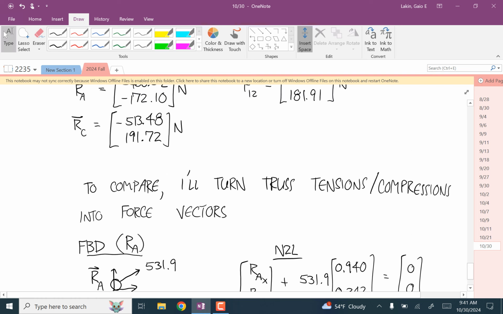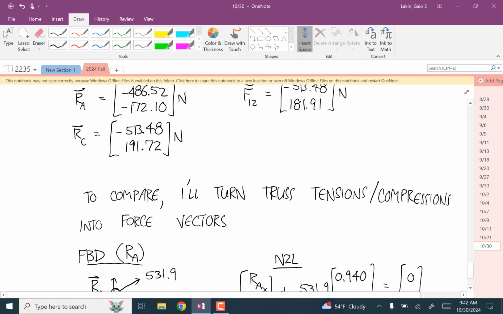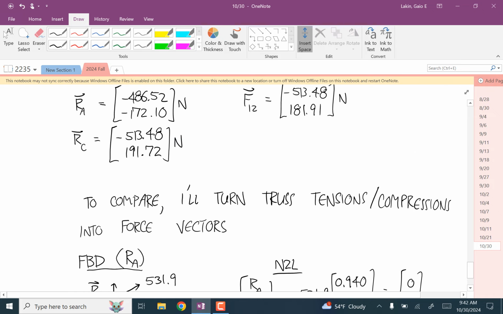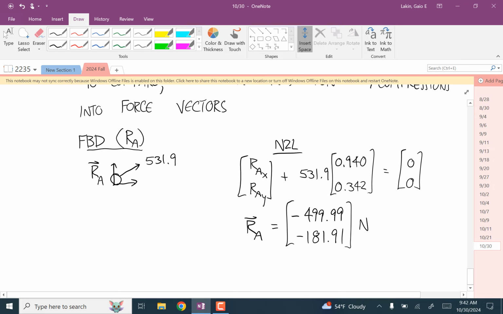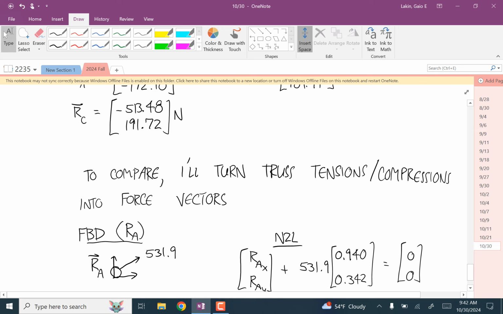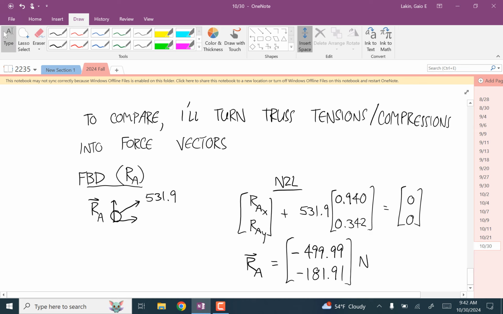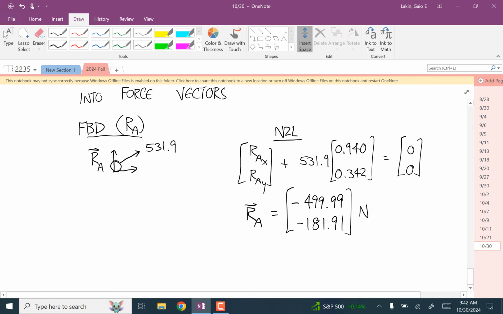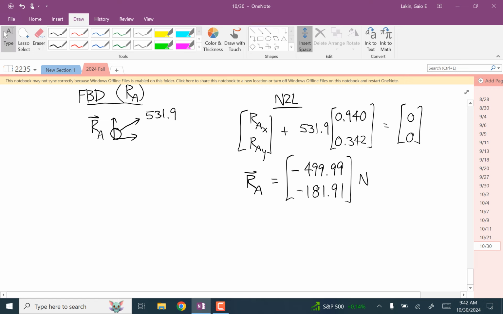Okay, so how close are we? It's in the same ballpark, but it's definitely more than we ever get for round-off error in problems. And that's with a pretty small weight on that member. So this is the truss.